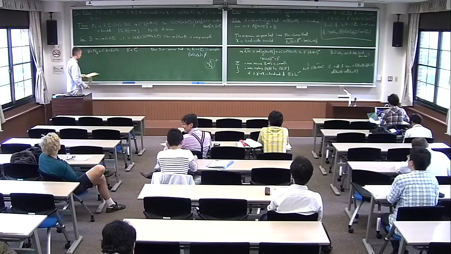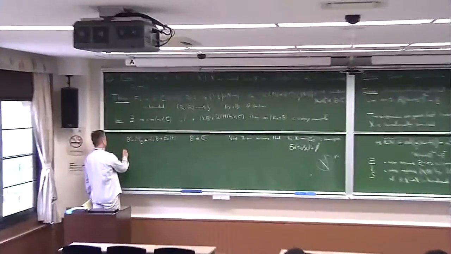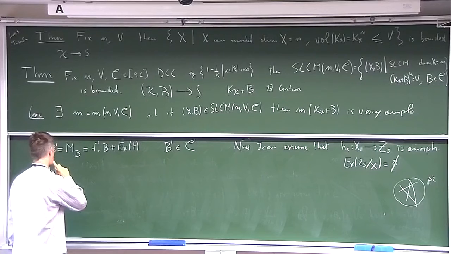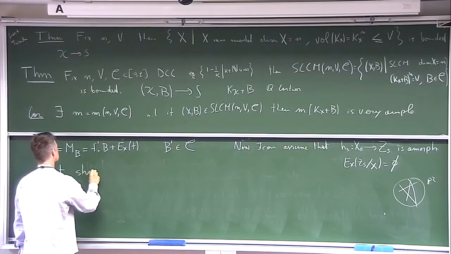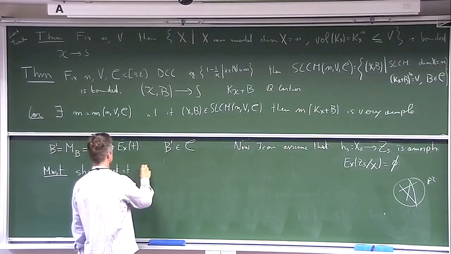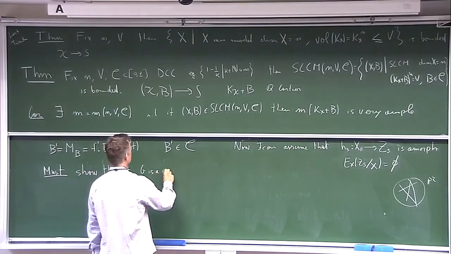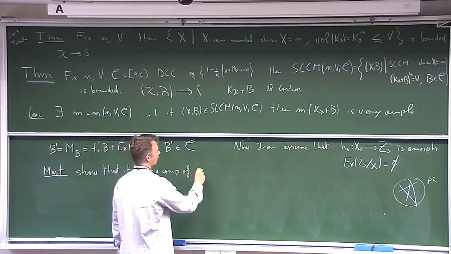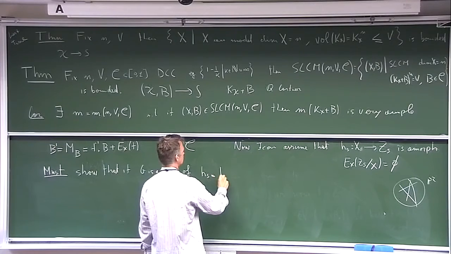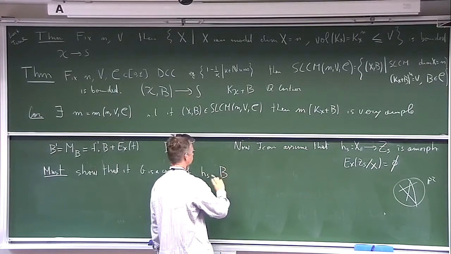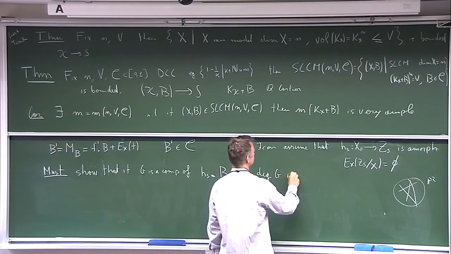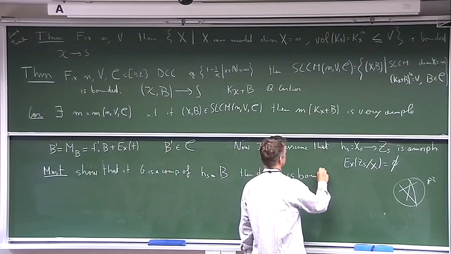Okay, so what we need to do, showing that it's birationally bounded after these reductions, really amounts to this: we must show that if G is a component of H_S lower star of B, of the support of this, then the degree of G is bounded.